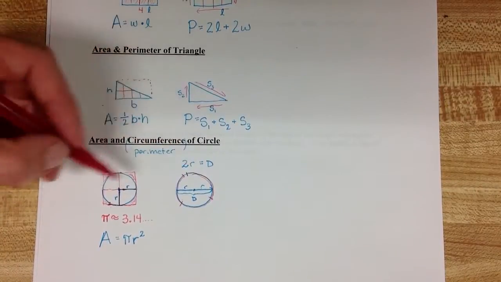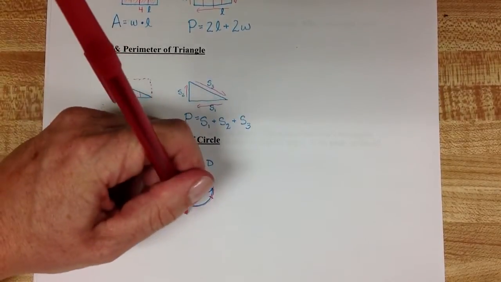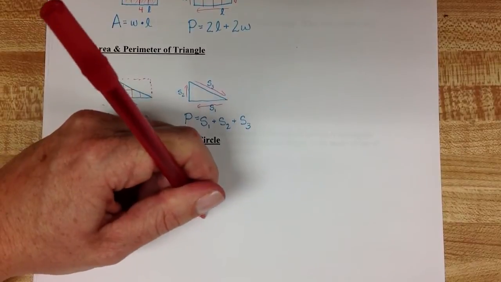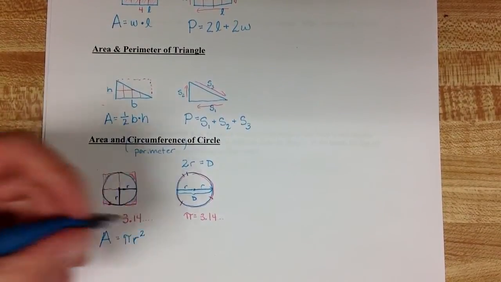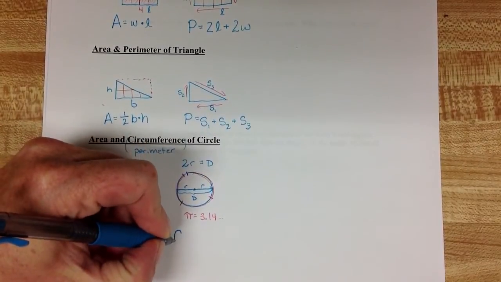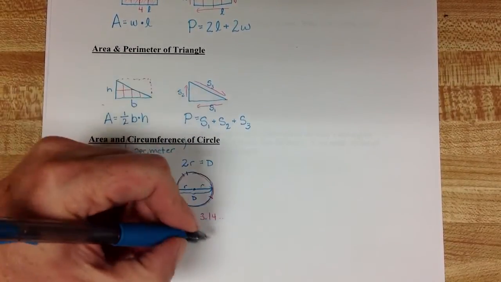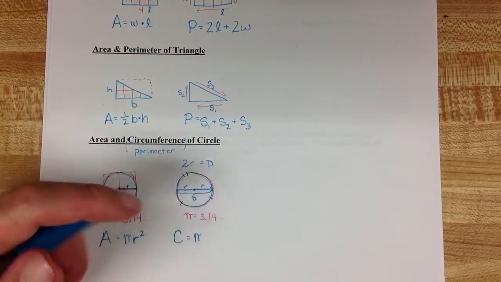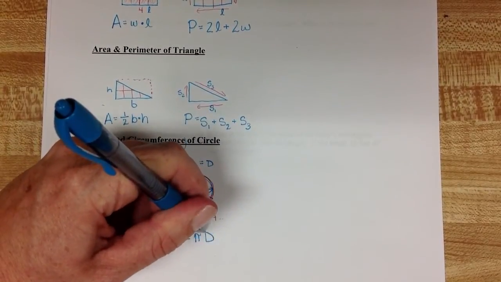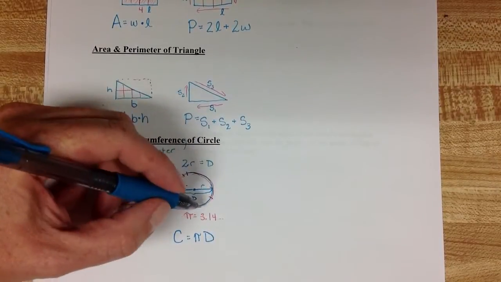So it's that same relationship of pi again, that 3 and a little bit more. So the formula that we're going to use for circumference is either that you need 3 and a little bit more, or pi, diameters to make it around the edge of a circle.